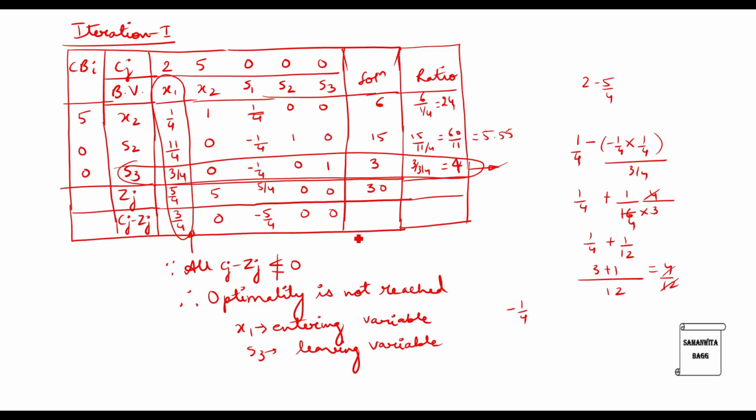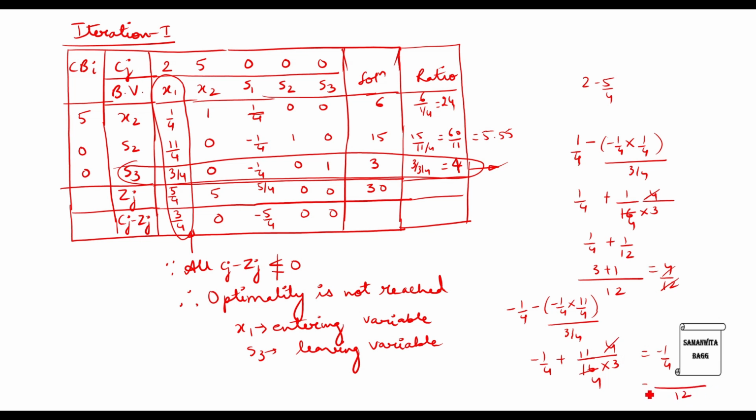As this seems a little difficult, it is minus 1 by 4 minus this into this. So it is minus 1 by 4 into 11 by 4 divided by 3 by 4. This is minus 1 by 4 plus 11 by 16 into 3 and 4 gets shifted here. So this will be minus 1 by 4 plus 11 by 12.